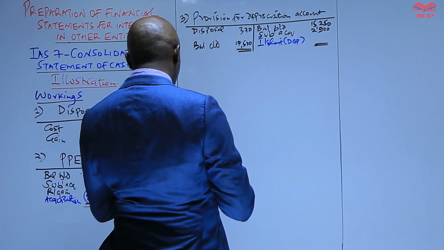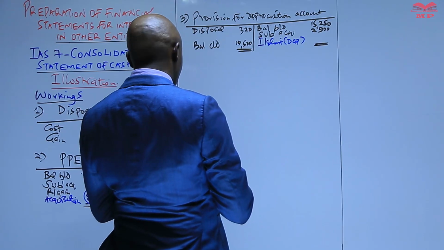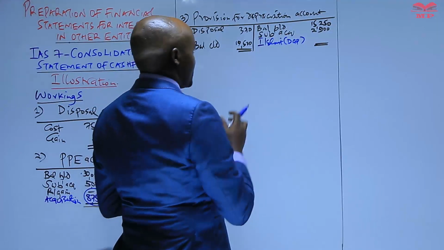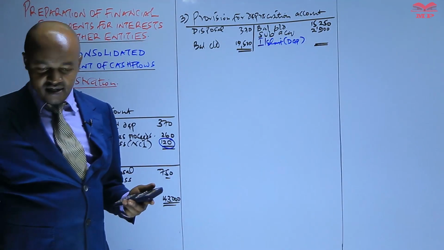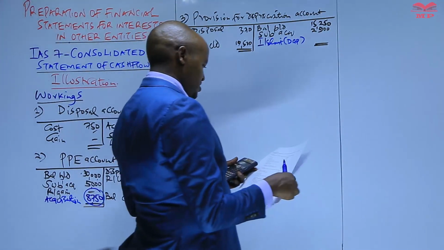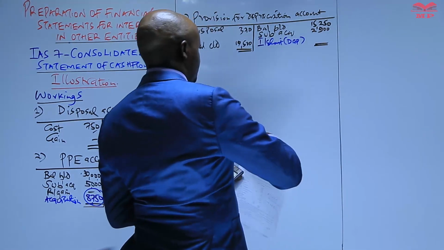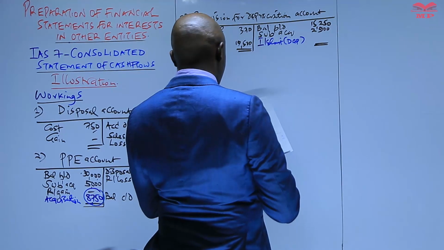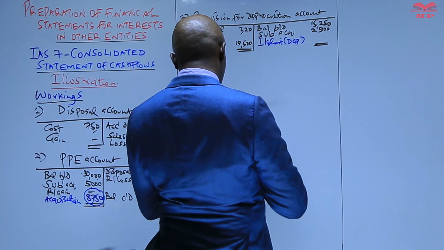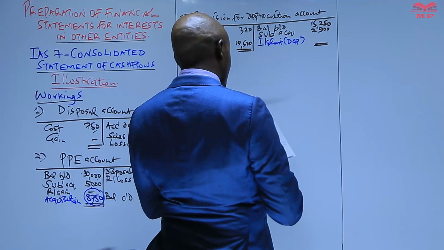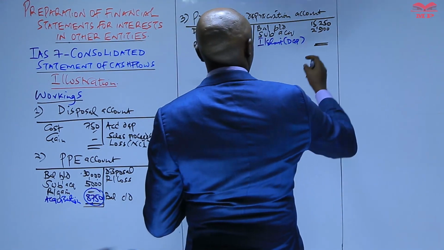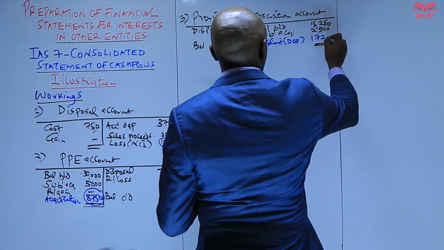So on the debit side, we have 370 plus 19,500 minus what we have on the credit side. That is a figure of 1,550 minus 29. So that will give us 1720.